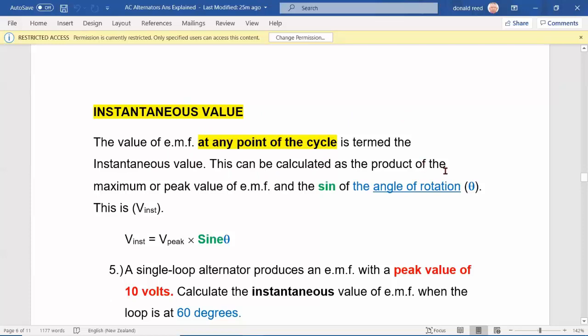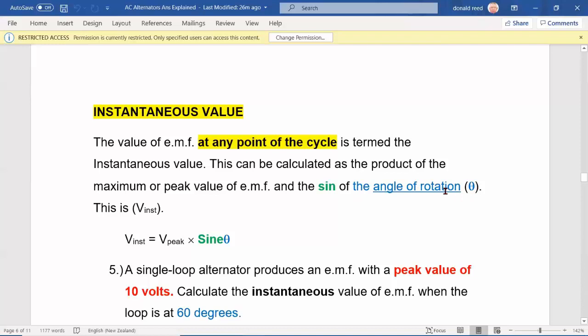So the value of EMF at any point of the cycle is termed the instantaneous value. This can be calculated as the product of the maximum or peak value. So peak value is what we tend to use, but it is also called the maximum value of EMF. And the sine of the angle of rotation, theta.